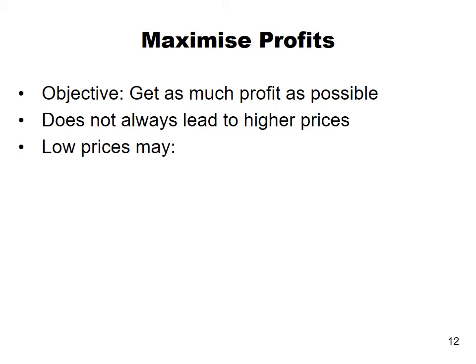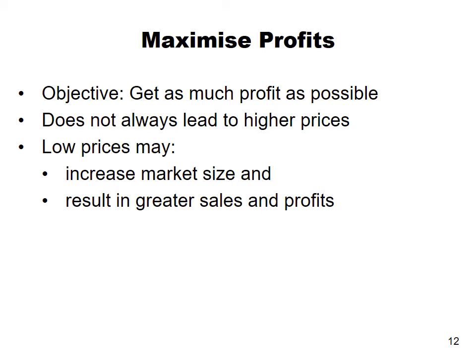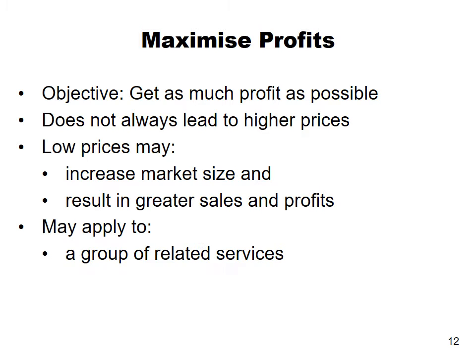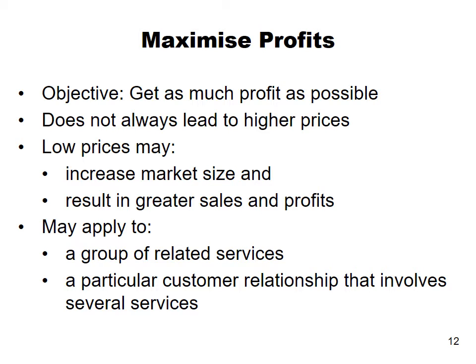Sometimes lower price may increase the market size and result in greater sales and profits. It may apply to a group of related services or a particular customer relationship that involves several services. Sometimes one customer may have many products and services, so a bank may reduce the price of one so as to increase the income from other products and services.